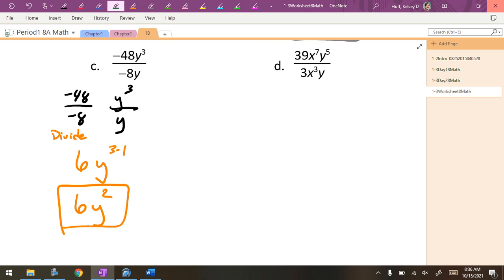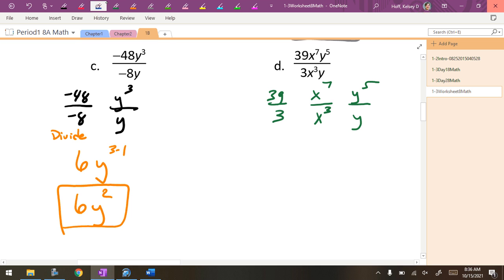Now, D got a little bit tougher because it's got more than one letter, but that doesn't change your rules. 39 divided by 3, x to the 7th divided by x cubed, y to the 5th divided by y. That front number we actually divide. Did anybody get 39 divided by 3? 13. What's your first base you're going to keep?